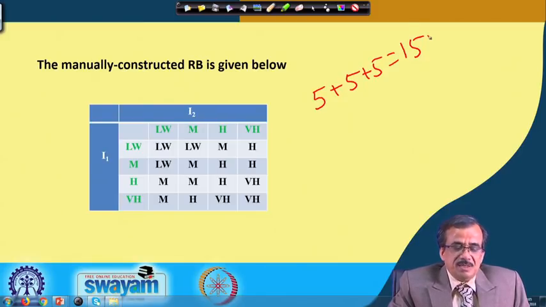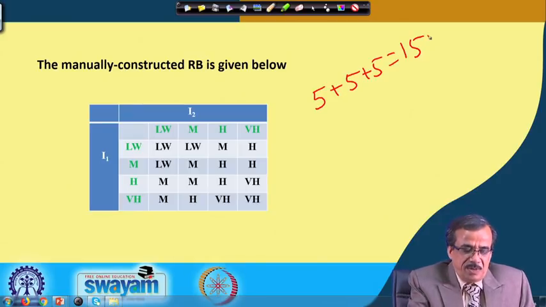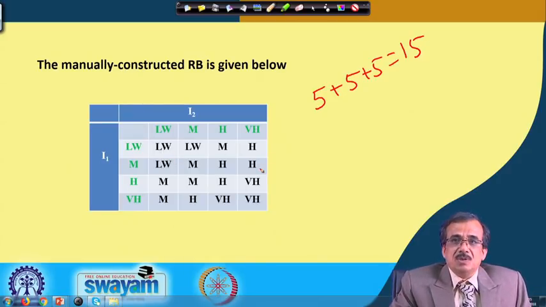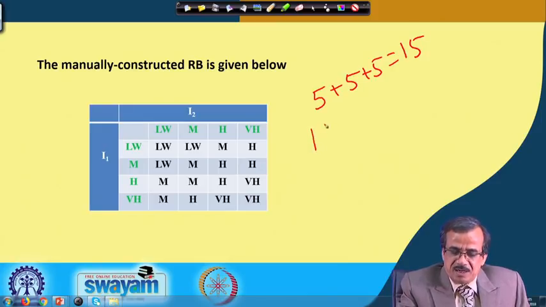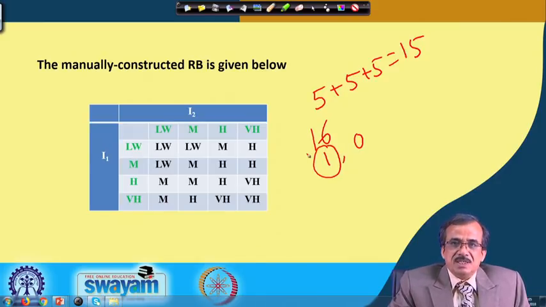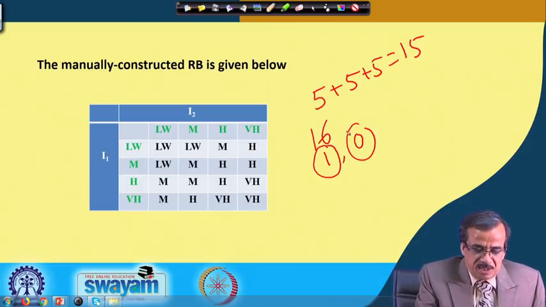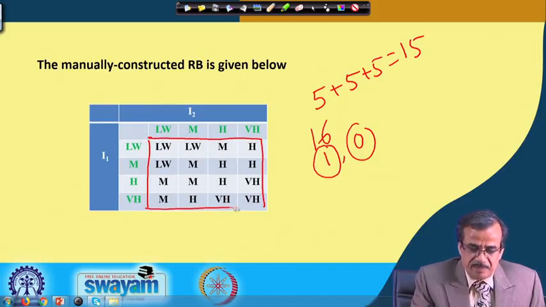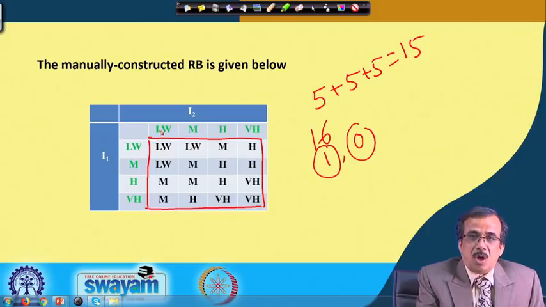Now, I will have to represent the rule base. How to represent the rule base? I have got 16 rules. To represent the presence or absence of a rule, we use either 1 or 0. If it is 1, that particular rule is present, and if it is 0, the rule is absent. This indicates the rule base. We concentrate on the leftmost top corner and start with this.